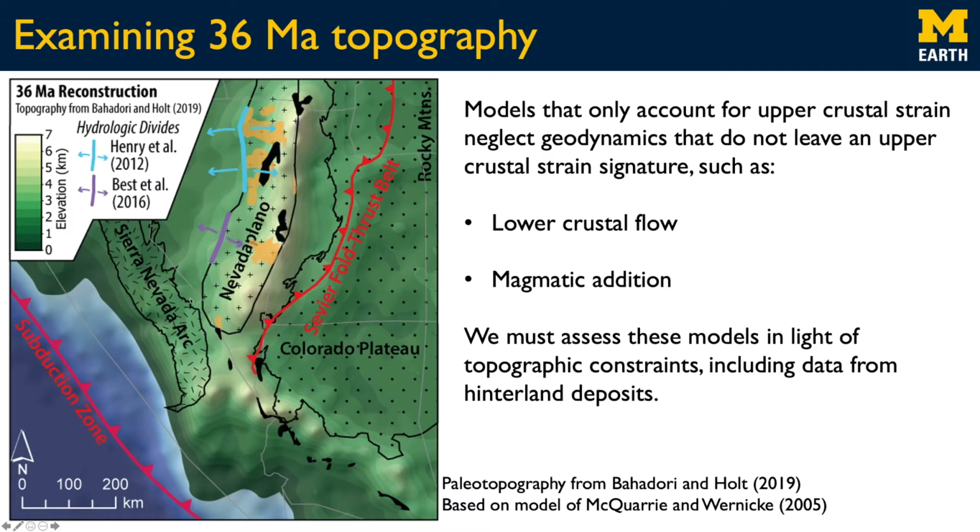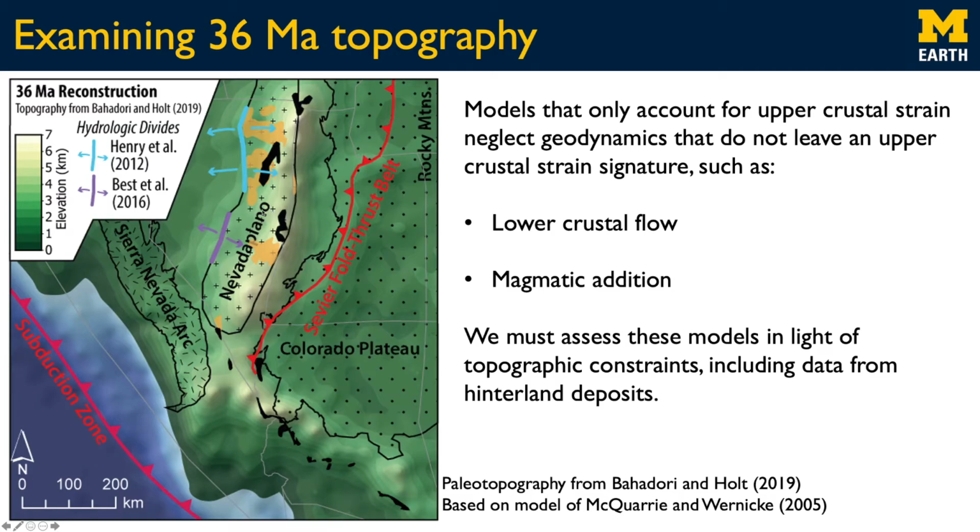And I want to highlight a discrepancy between their inferred topography, which is primarily informed by the location of these metamorphic core complexes, and therefore this record of extreme upper crustal strain, and the fact that we have hinterland deposition happening generally west of those core complexes, between that inferred topographic crest along them and some hydrologic divides that are inferred by Henry and Best along central Nevada.